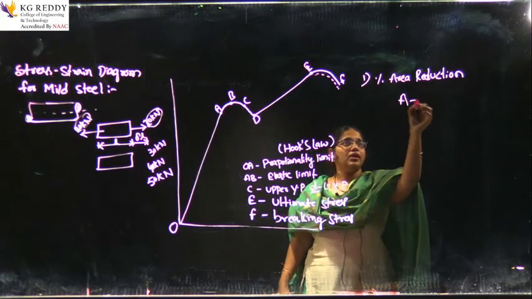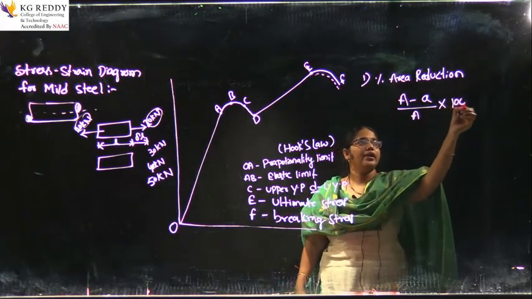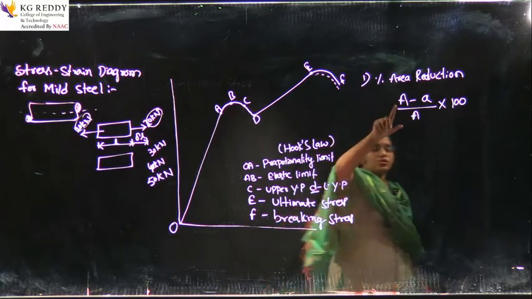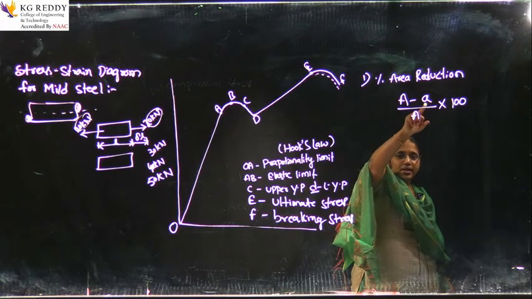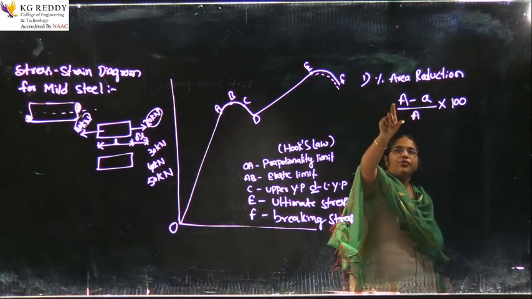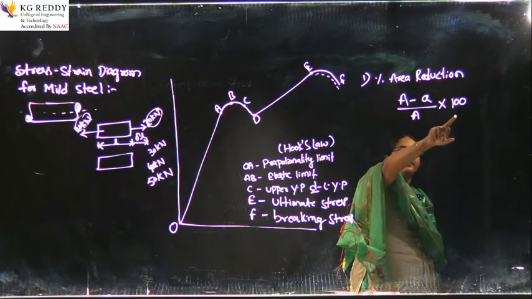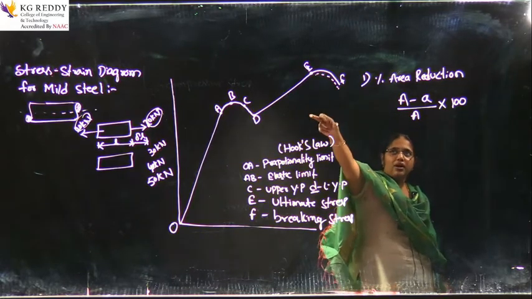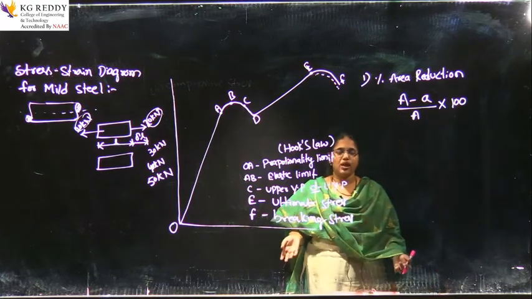It is capital A minus small a, by capital A, into 100, where capital A is the original cross-sectional area of the material, and small a is the reduced cross-sectional area of the material. Therefore, (A minus a) divided by A, into 100. So from this graph, we can identify how much area is reduced from the material.